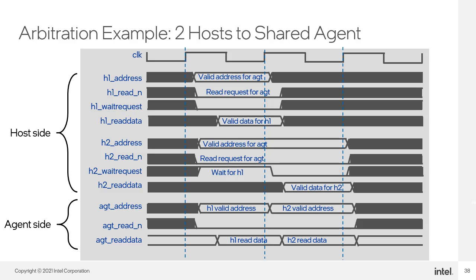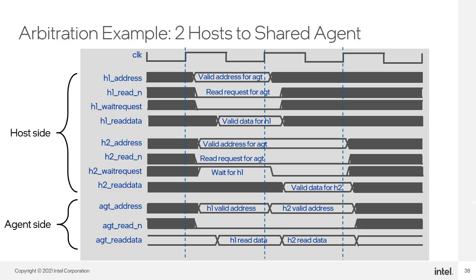For the purposes of the example, let's say that H1 wins the arbitration. That means that the H1 read data is available immediately to that host and the read transfer completes. From H2's point of view on that same clock cycle, the interconnect asserts the wait request signal, stalling H2 and forcing it to continue asserting its control signals.